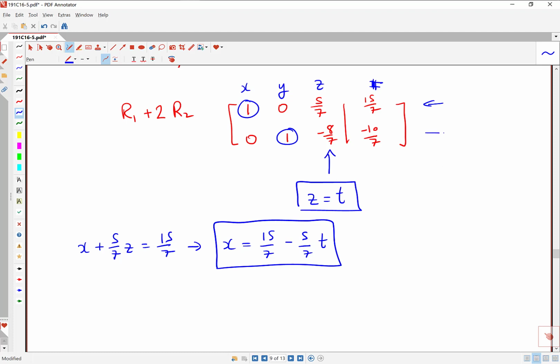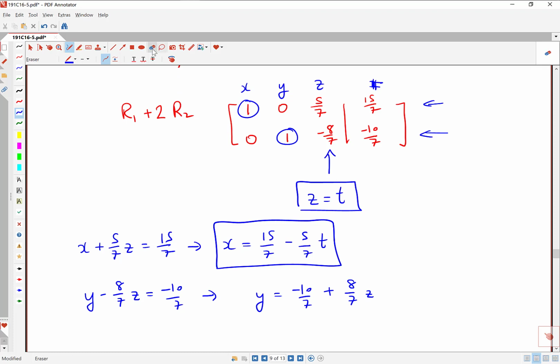And then we can use the second row of the matrix to do the same thing for Y. So the second row reads Y minus 8/7 Z is equal to negative 10 over 7. So we're going to solve this for Y. Just bring the Z term over to the other side. So we'd have Y equals negative 10 over 7 plus 8 over 7Z.